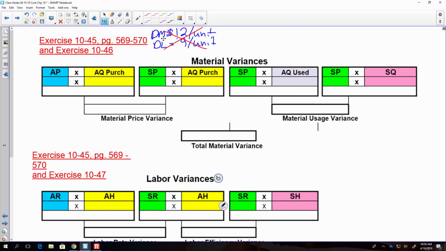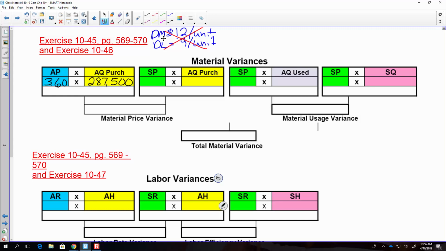I'm going from left to right. What was my actual price paid per strip? $3.60, correct? And how much did I actually purchase? How many strips? 287,500. Yes. Perfect. That's it.